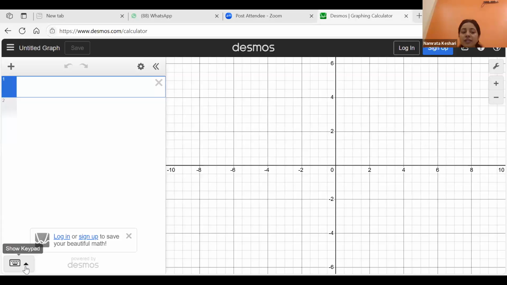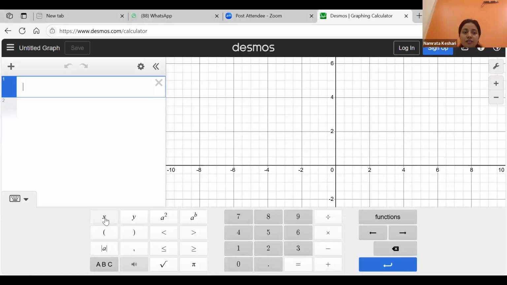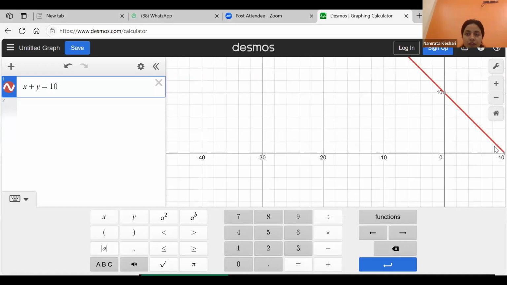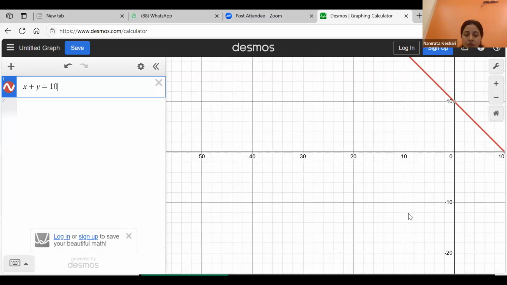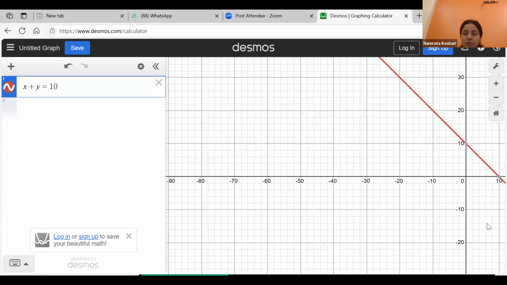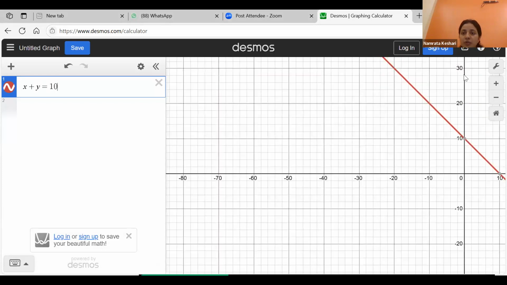So we have taken x plus y is equal to 10, right? Can you see the graph? Yes, ma'am. Here I want to tell you that you will be able to see all those points.